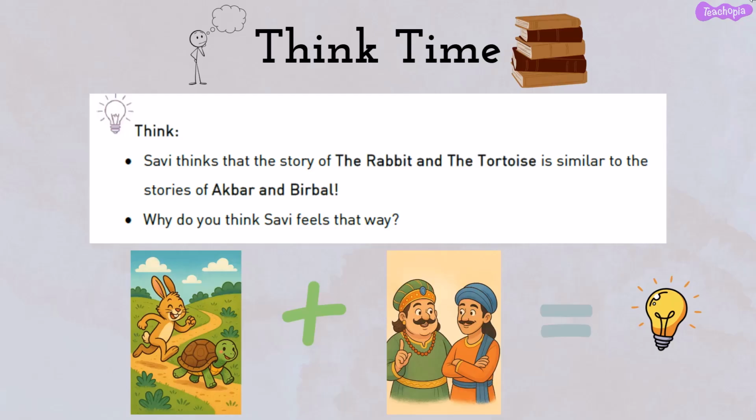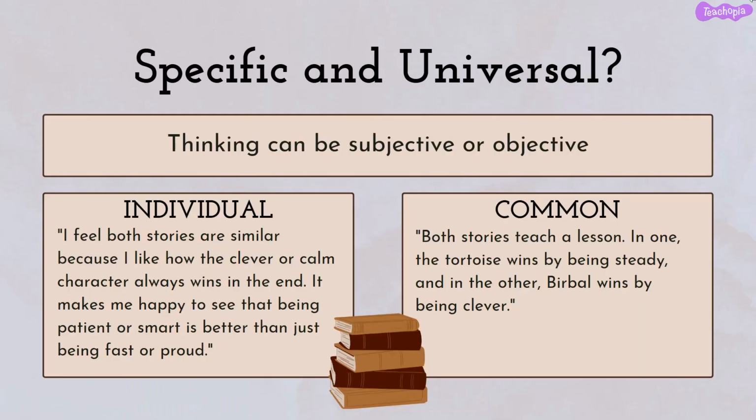Children are sure to come up with similarities. And yes, they might be subjective or objective. A few learners might get to specific details by telling that I feel this, I feel that, I think this, I think that. But there might be others who might give common answers and generic answers.